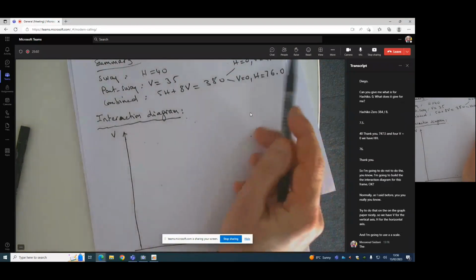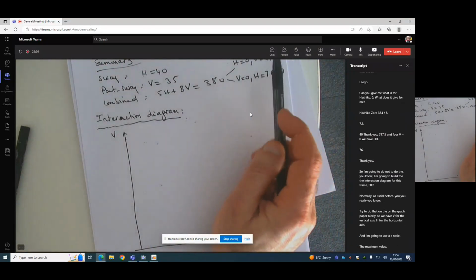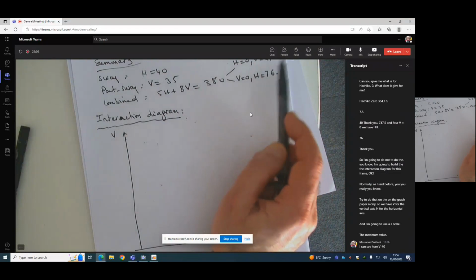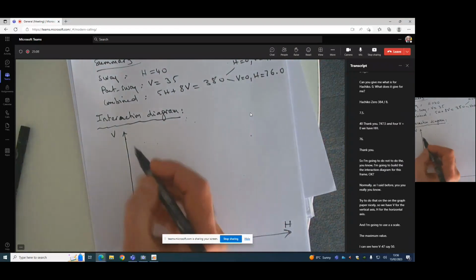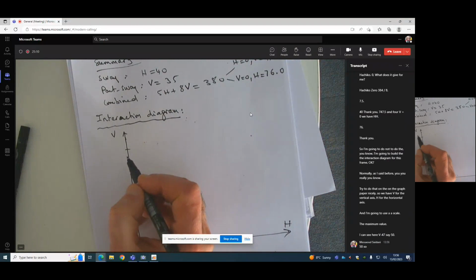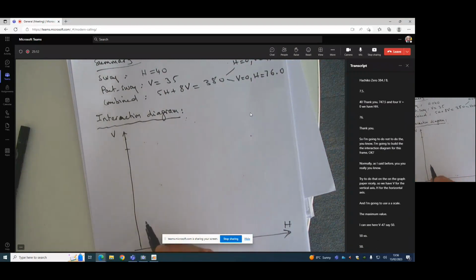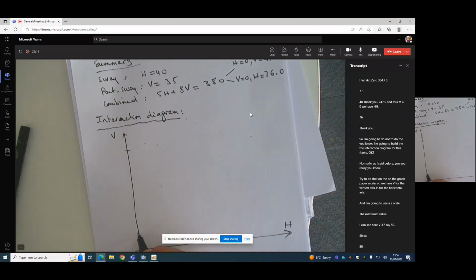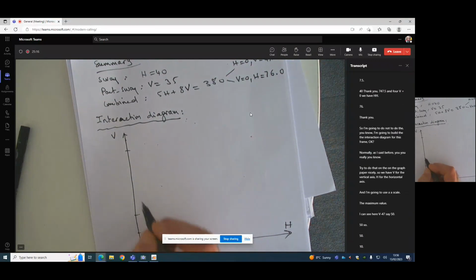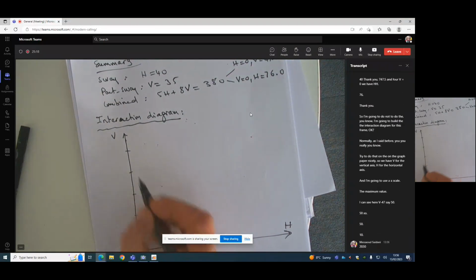The maximum value I can see here is V 47, say 50, so 10, 20, 30, 40.